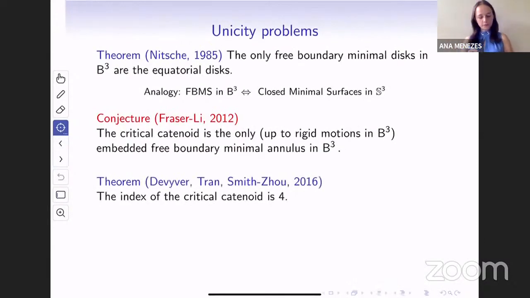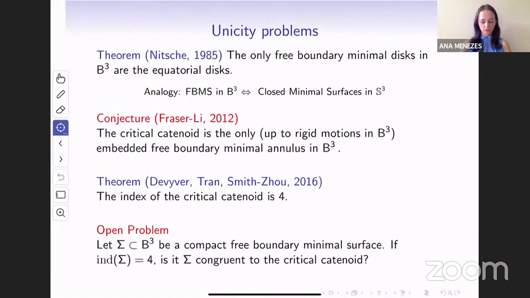Three different groups of people proved independently, Devyver, Tran, Ambrozio-Carlotto-Sharp, Smith-Zhou, and Tang-Zhou, they show that the index of the critical catenoid is 4, right? And there is a very interesting problem related to this result, which is to show that the critical catenoid is the only example of free boundary minimal surface in the ball with index 4, right?